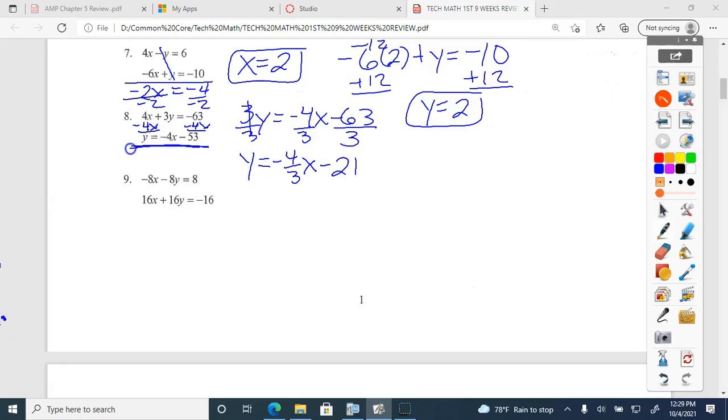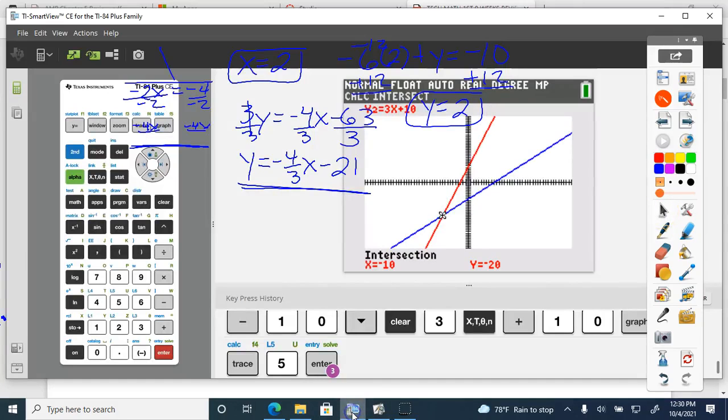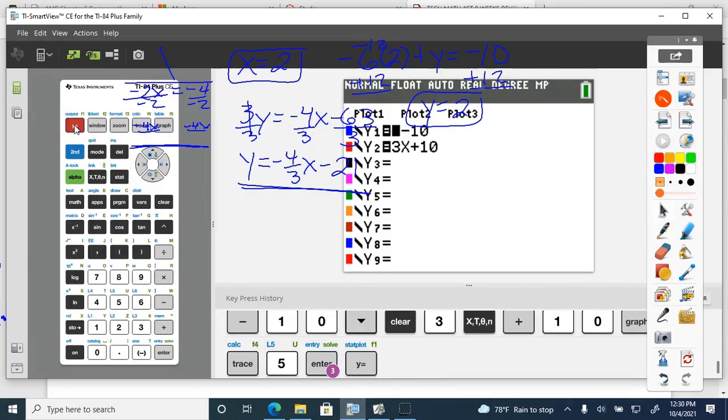So now we have y equals, and now we can put them in our calculator. Makes it a little quicker and easier, okay? So go to y equals. I'm leaving this stuff up here so I can see what I'm plugging in.